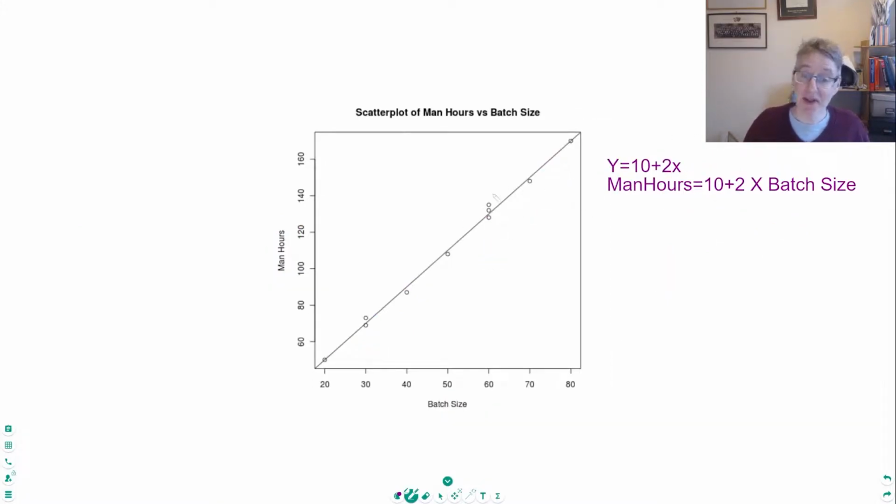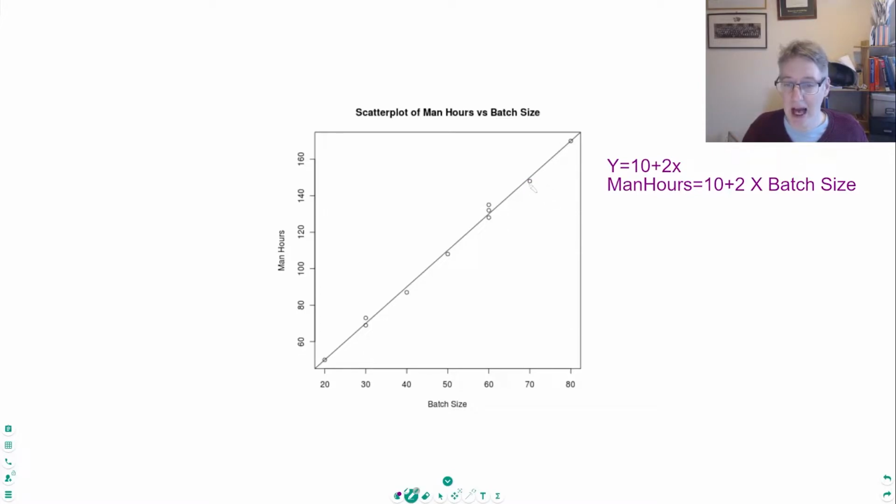It turns out for this example, because it's artificial, that the straight line is exactly Y equals 10 plus 2x. This is my line of best fit. What this means is that the man hours is 10 plus twice the batch size. Let's look at an example at this point here.